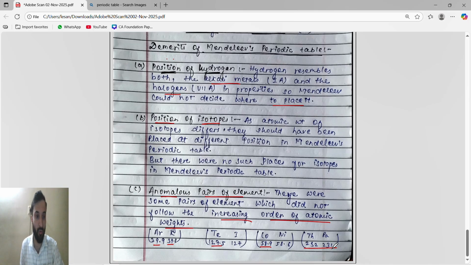Henry Moseley, whenever he bring the table, he was not considering the atomic weight, he was considering the atomic mass. तो भैया याद रखना, he was considering the atomic mass. So that's why उसका भैया atomic number, sorry guys, atomic number, he was considering the atomic number.